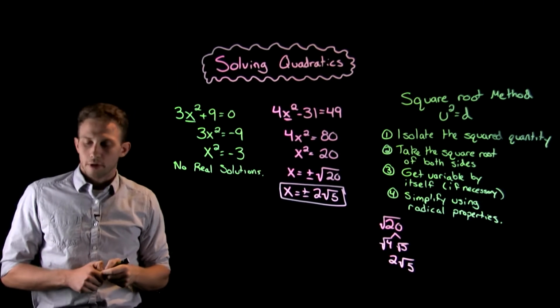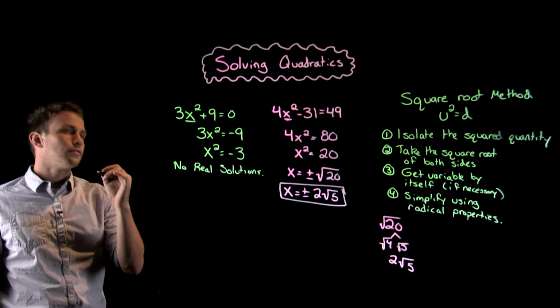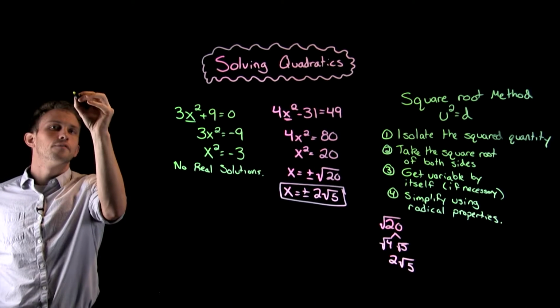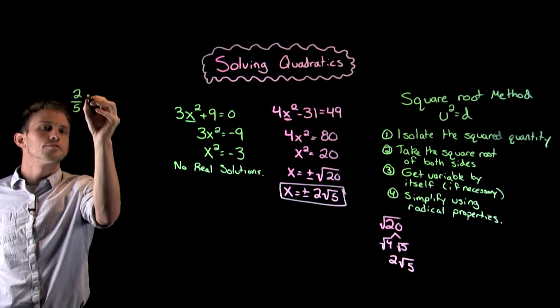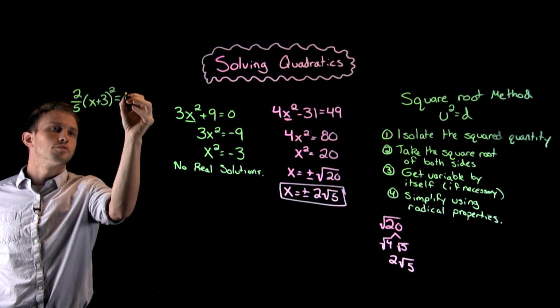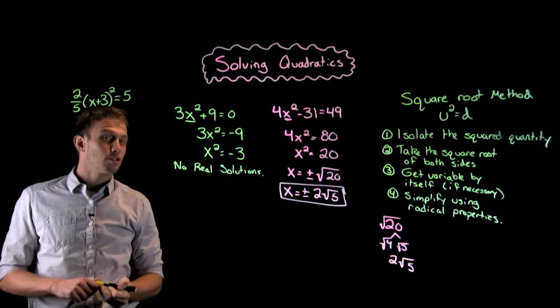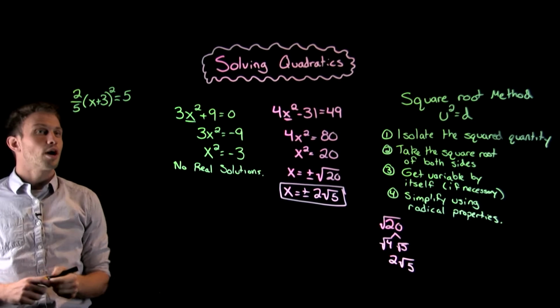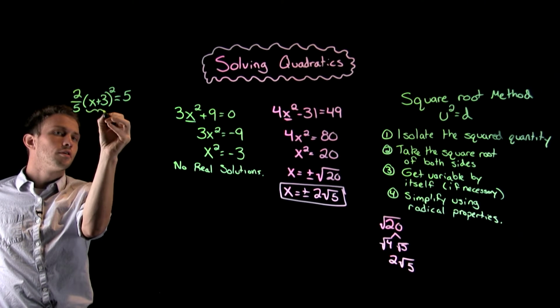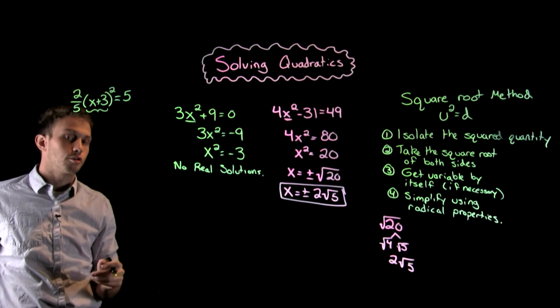One more example we can cover is if I have 2/5 times the quantity x plus 3, squared, is equal to 5. This one's a little bit different. For this problem, we have a quantity for our squared value, our squared quantity.